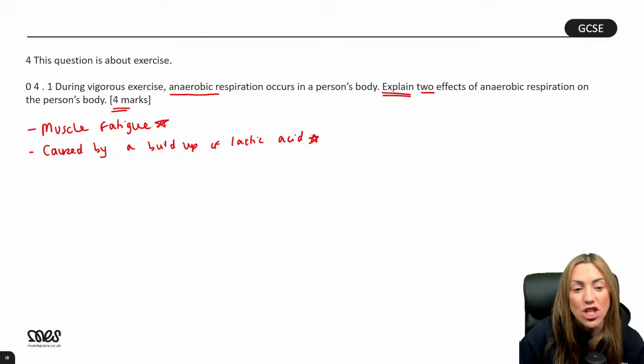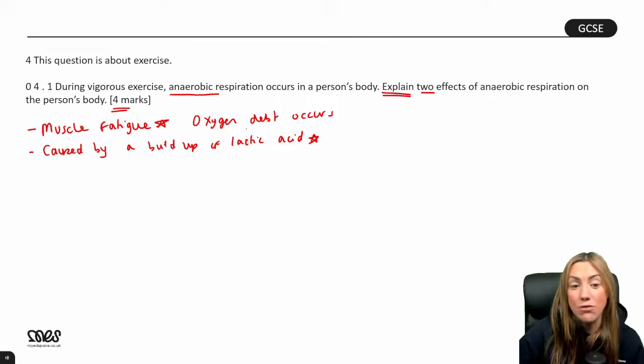This is the explanation of the effect. Instead of muscle fatigue, you could have said the effect would be oxygen debt occurs, but that would have the same explanation. The reason we get an oxygen debt is because there's a buildup of lactic acid, which we need to break down by repaying the oxygen debt or using oxygen to break down the lactic acid.